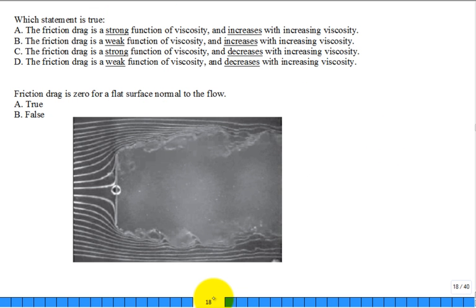You're reading a textbook, right? Good. Which statement is true? Friction drag is a strong function of viscosity and increases with increasing viscosity, or weak function, blah, blah, blah. Which one do you like? The friction drag.